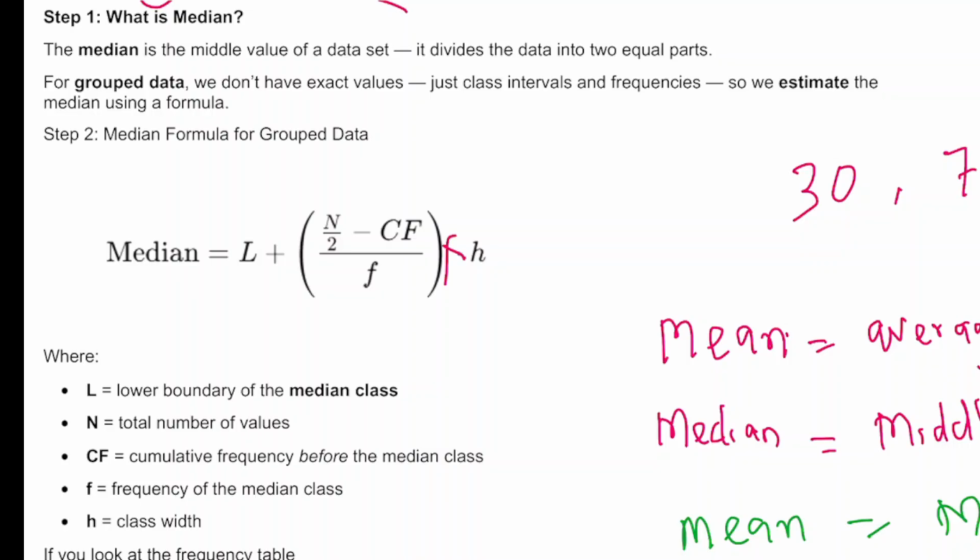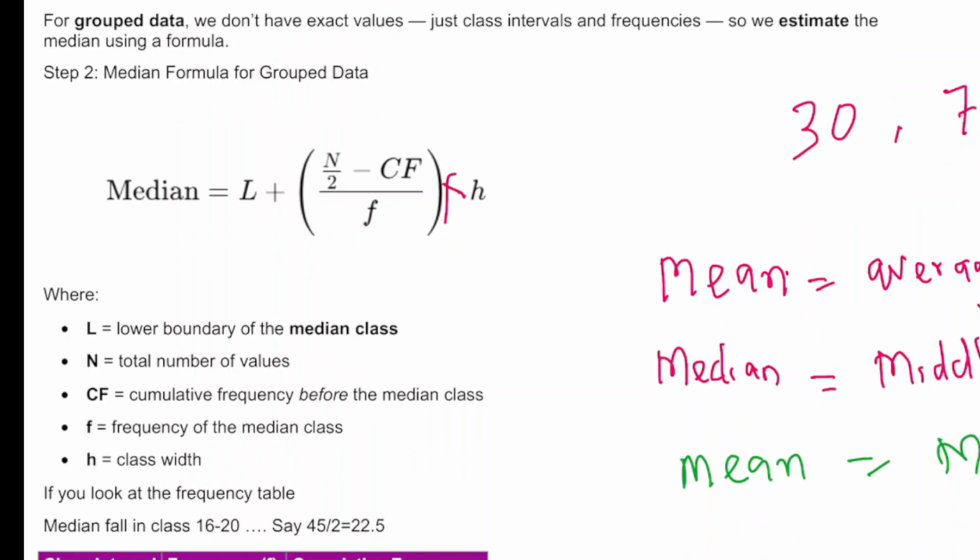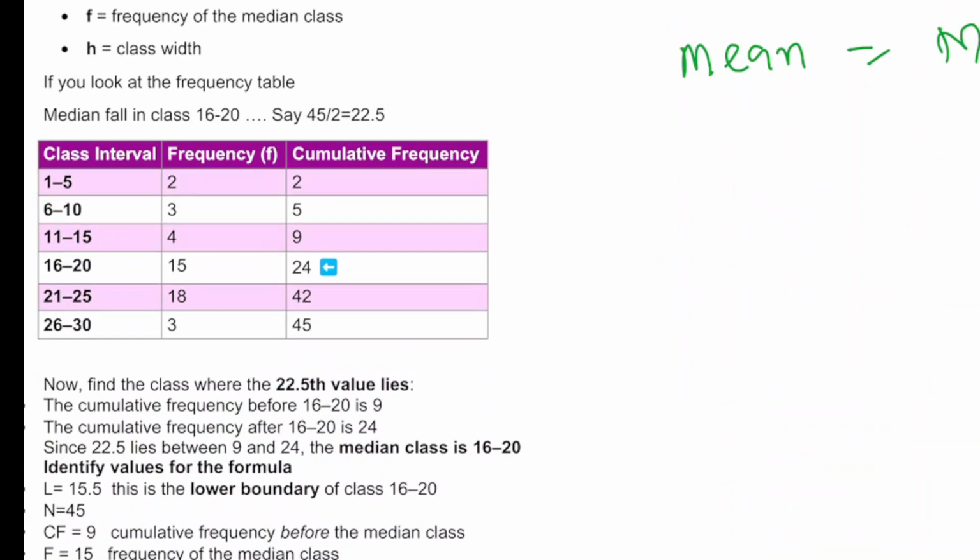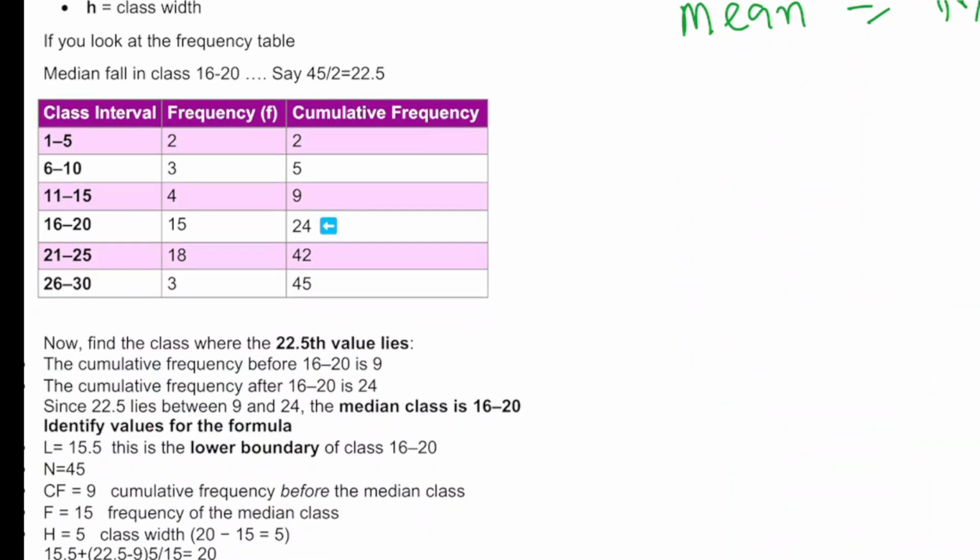It's cramming the formula. So how do we do it? It is simple. This is the median class. How did we get it? We said 45 divided by 2, so the middle is 22.5.